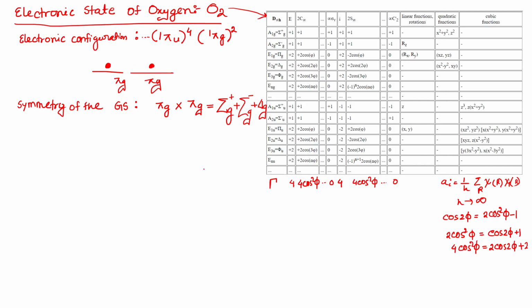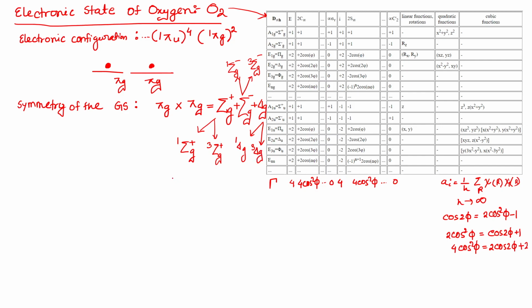So it is possible that this sigma plus g could be singlet sigma plus g, and this could be triplet sigma plus g, right? Same for this, it could be singlet sigma minus g or triplet sigma minus g. What about delta g? Same. It could be singlet delta g or triplet delta g.